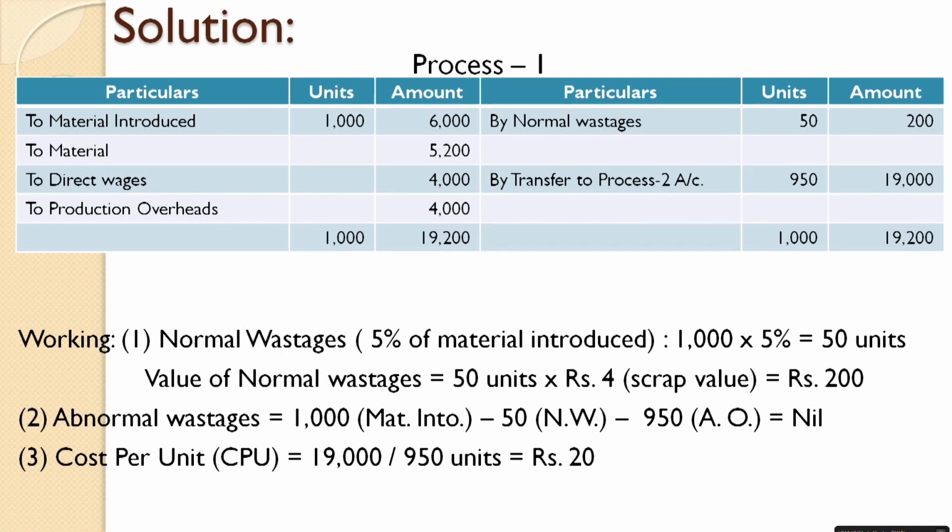Now, how much total expenditure is incurred in process 1? That is 19,200. See, in the process 1 account debit side, the total is 19,200 rupees. So 19,200 rupees is the total expenses incurred in process 1, minus the normal wastage value determined in this process, that is 200. So 19,200 minus 200 comes to 19,000.